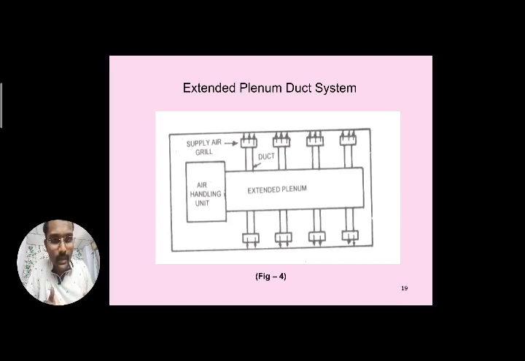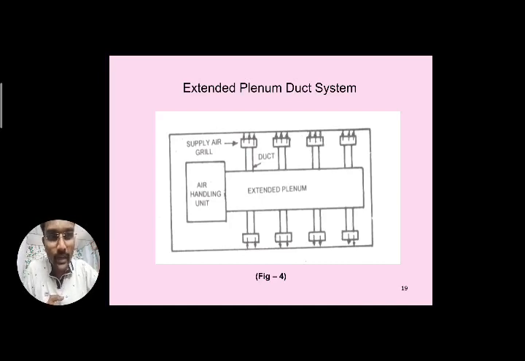Separate ducts are provided on the extended plenum, through which the required conditioned air is sent to the different rooms. According to the requirement, these ducts extend from the sides, connected to the extended plenum. This type of duct system is known as the extended plenum duct system.